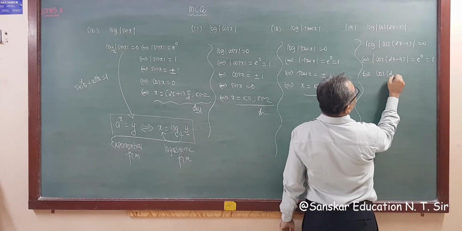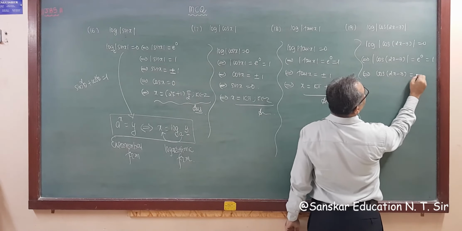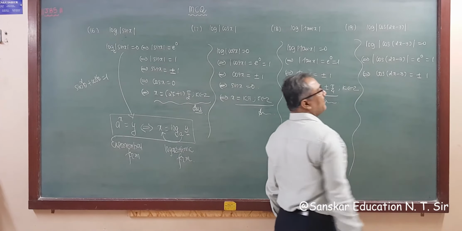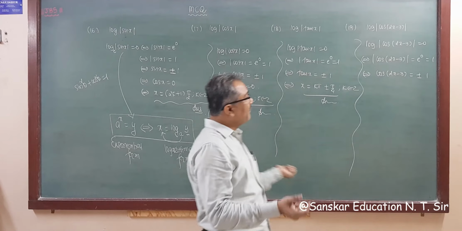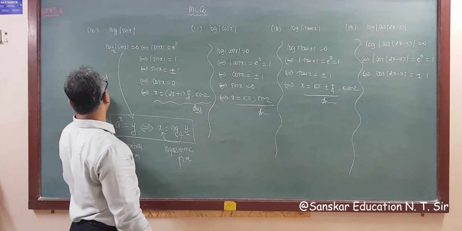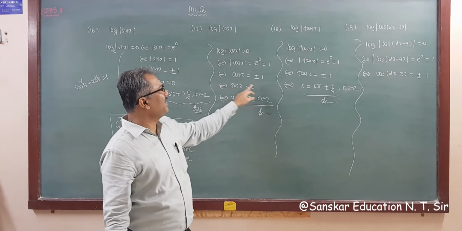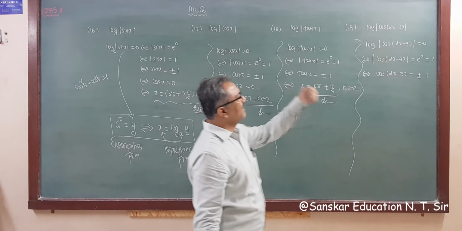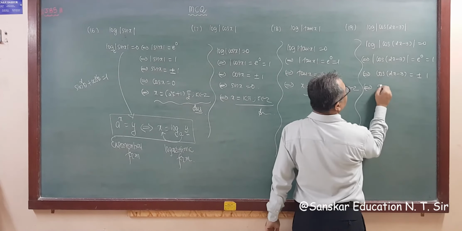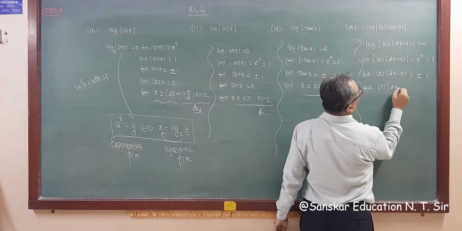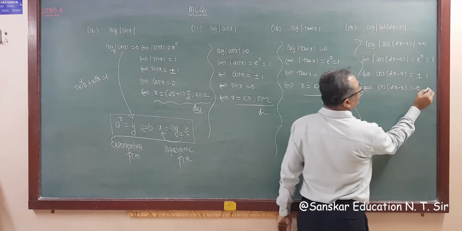Cos of twice x minus 3 is equal to plus or minus 1. If we substitute this value in here, we will get sine is 0. Similarly here, instead of x, it is given twice x minus 3. So this implies sine of twice x minus 3 is equal to 0.